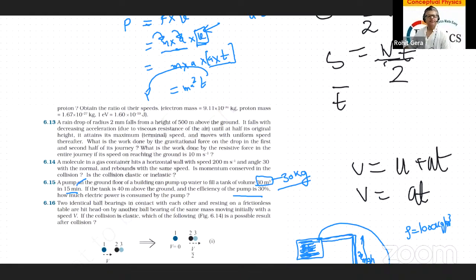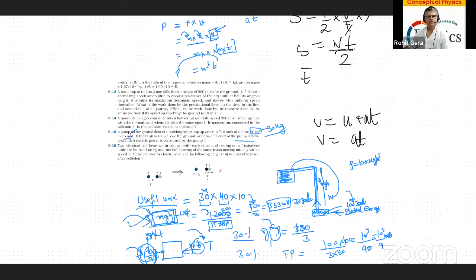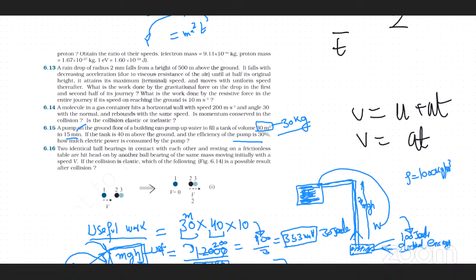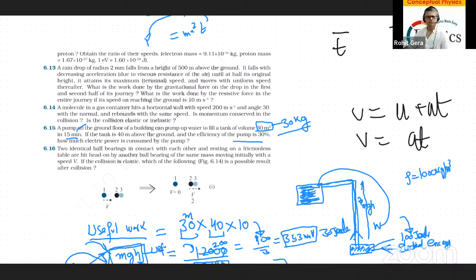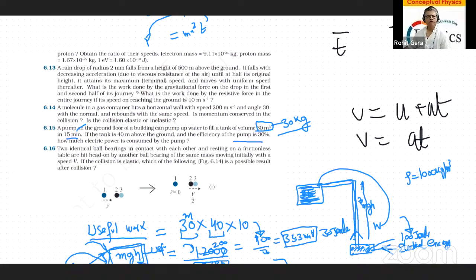All right. Question number 6.13. What is the love with the raindrop? Gravity again, right? 5 meters above the ground. Potential energy.